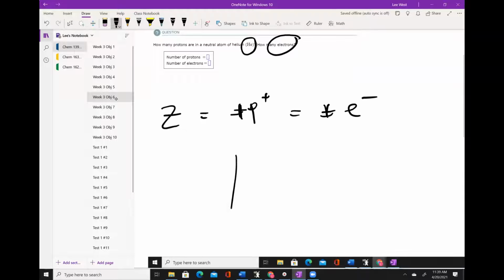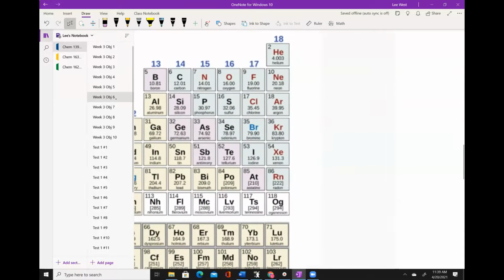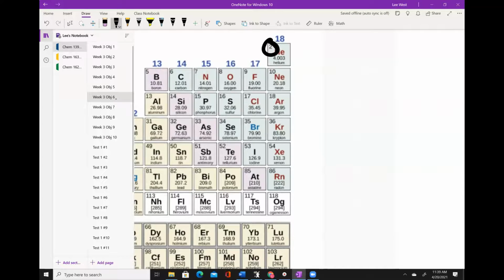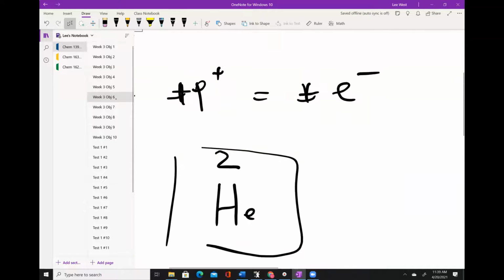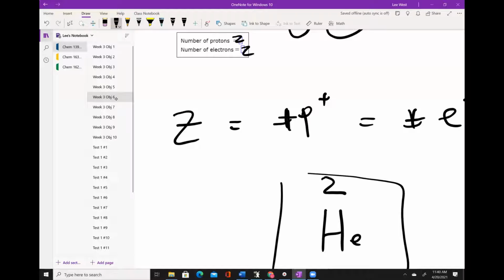So if I look at the periodic table entry for helium, I will see that the atomic number is 2. There is the atomic number for helium. So I know that it has 2 protons and 2 electrons. Pretty easy going.